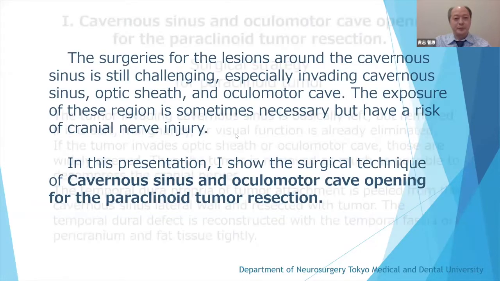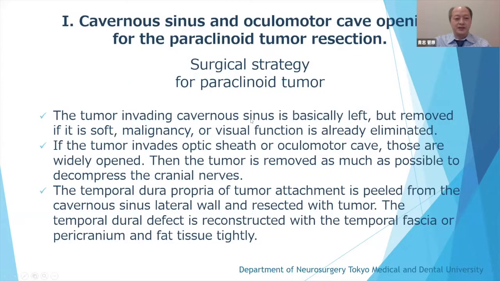videos. As for surgical strategy for paraclinoid tumor, the tumor invading the cavernous sinus is basically left, but removed if it is soft and malignant or if visual function is already lost. If the tumor invades the optic sheath or oculomotor cave, they are widely opened. Then the tumor is removed as much as possible to decompress the cranial nerves.